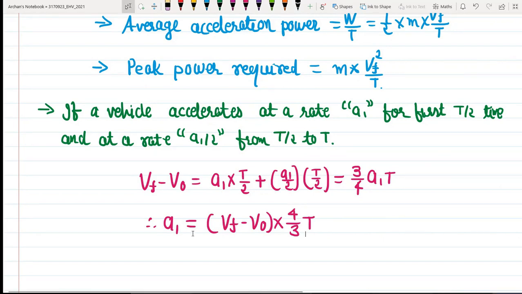Now you can see the acceleration is Vf minus V0 into 4 by 3t. That means whenever you calculate the power, the power required at this time t will be 3 by 4, that is 0.667 of that for the linear acceleration case.